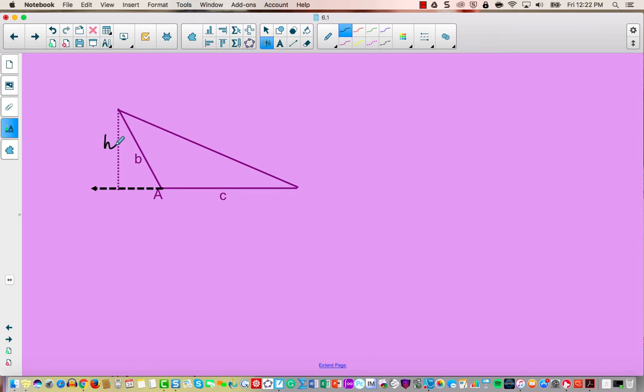Well, if this is a height drawn, and this is my normal base, geometry tells me that the area is still going to be 1/2 C times H, C being the base and H being the segment drawn perpendicular to the line containing the base. And now if I notice here, the sine of this angle A, I'm really dealing with the sine of this angle.